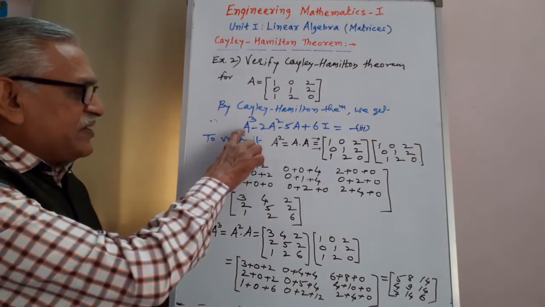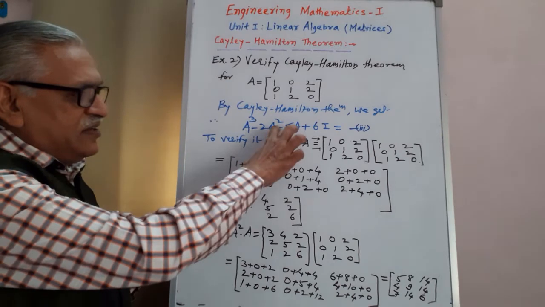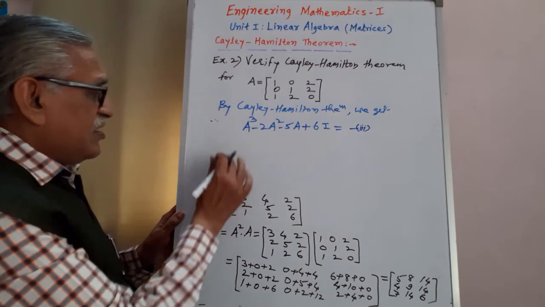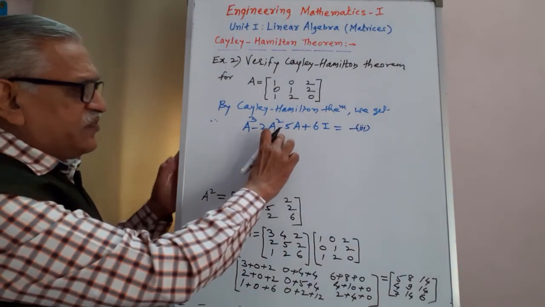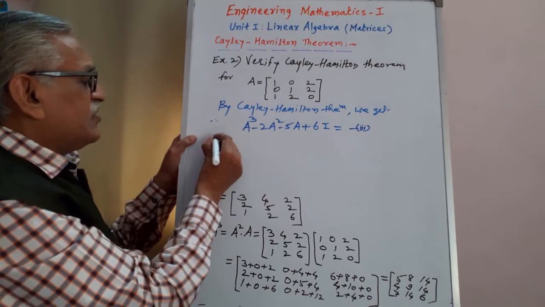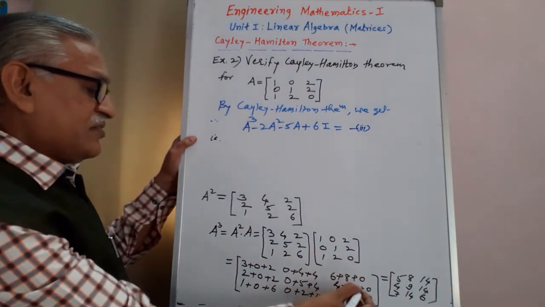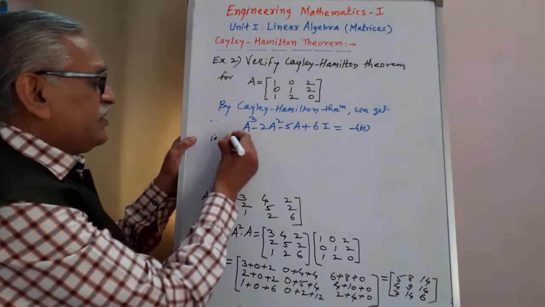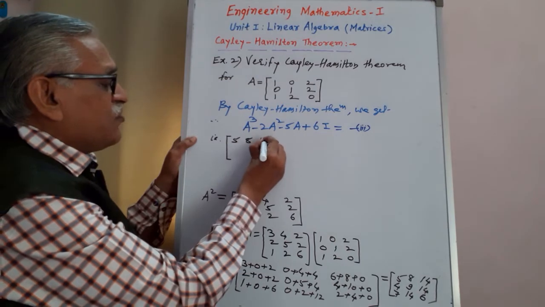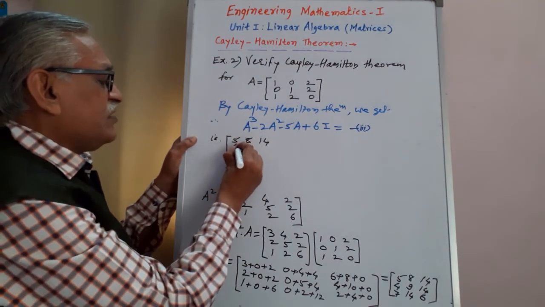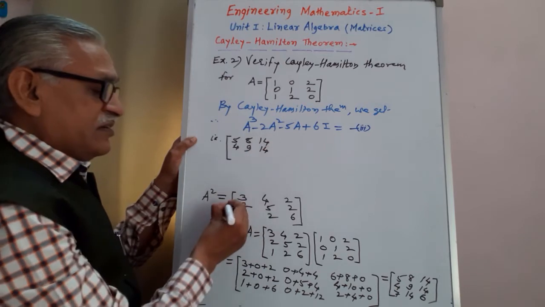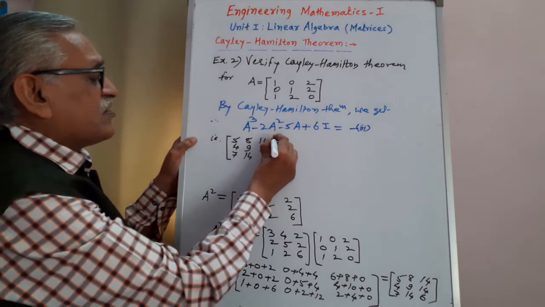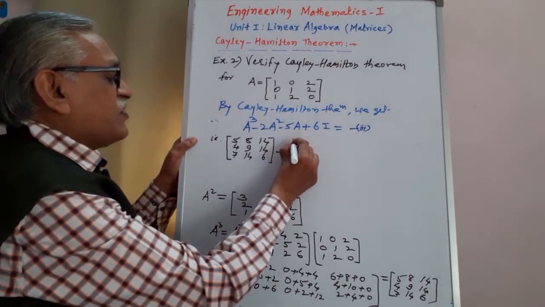Therefore, I have completed the calculation for A cube and A square. Then add with that remaining 2. And therefore, substituting all the values, equation 3 becomes, that is, A cube matrix, a matrix of A cube, elements are 5, 8, 14, 5, 8, 14, 4, 9, 14, 4, 9, 14, 7, 14 and 6, minus 2 times A square matrix.